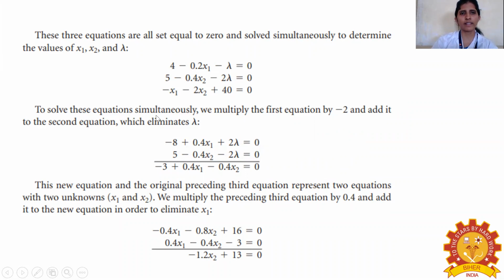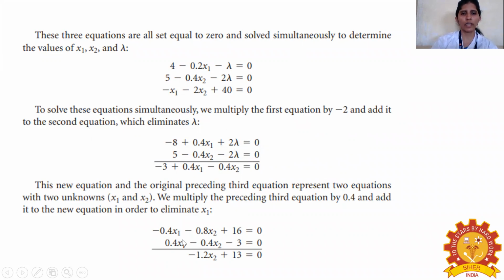To solve these equations simultaneously, we multiply the first equation by minus 2 and add it to the second equation, which eliminates lambda. We get the resulting equation like this, and this new equation and the original third equation represent two equations with two unknowns, x1 and x2.